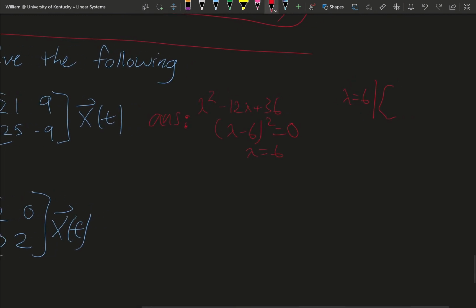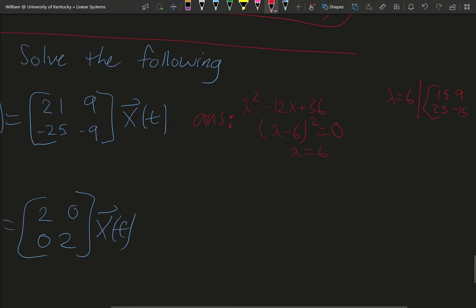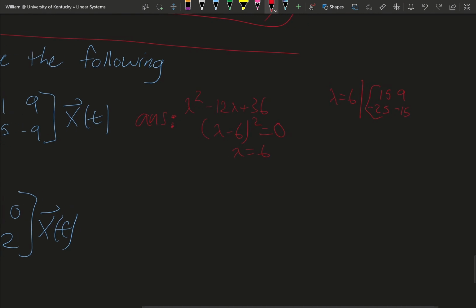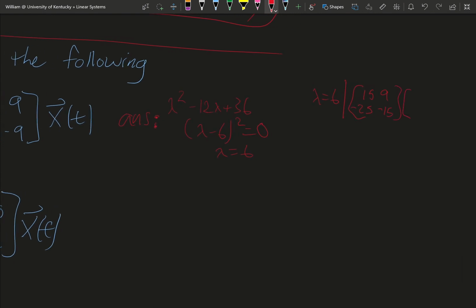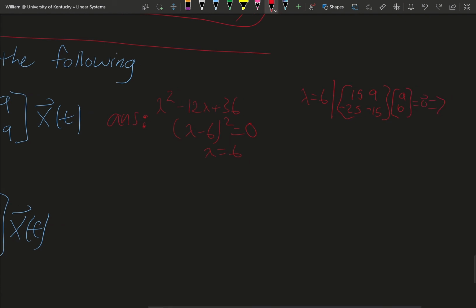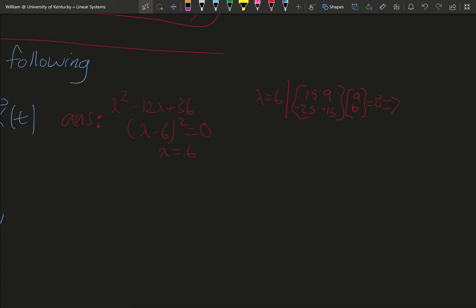You should have something like 15, 9, negative 25, negative 15 times A, B equals 0. And you should get something, at least up to scalar, that looks like negative 3, 5.